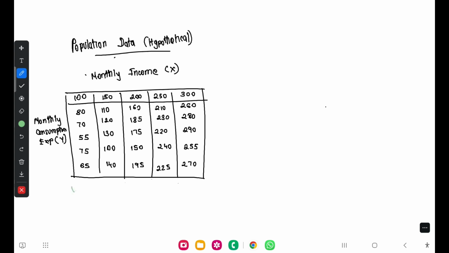That is like, if I put it down, when monthly income increases by 1 rupee, what happens to the consumption expenditure on average?